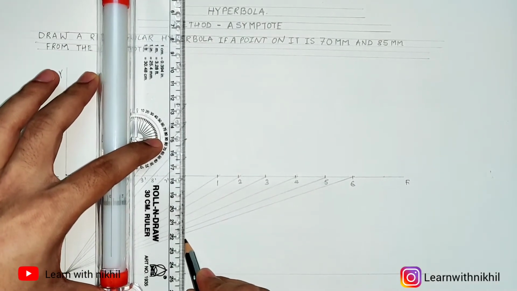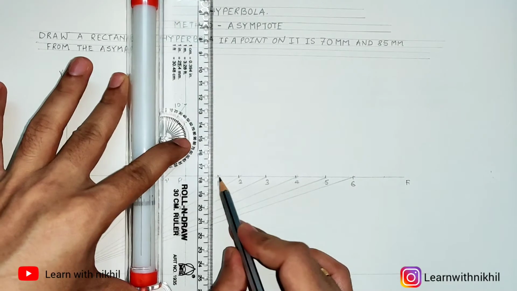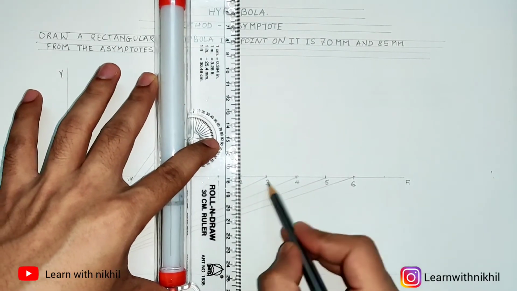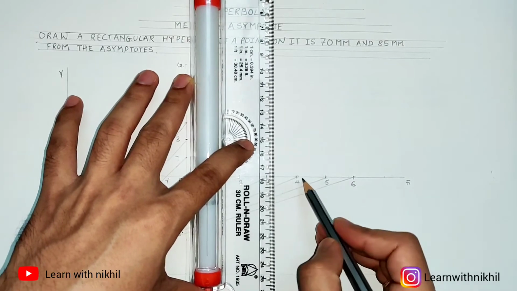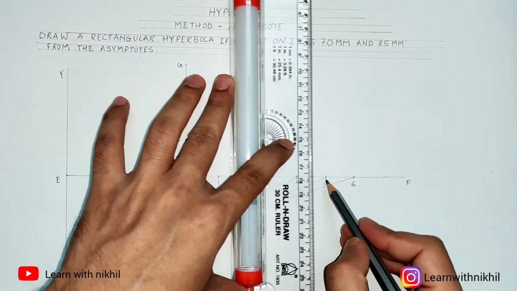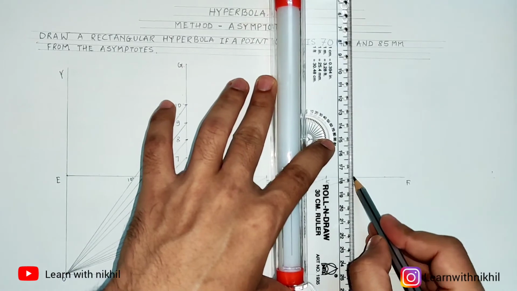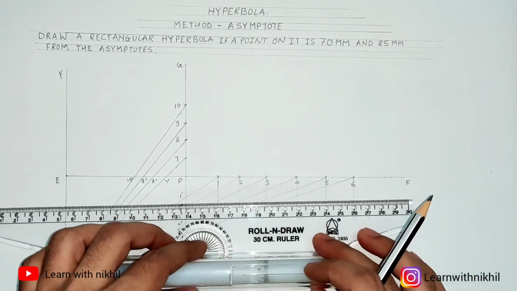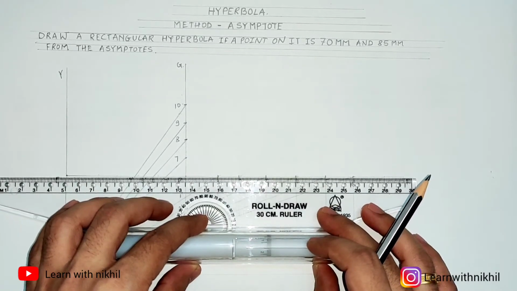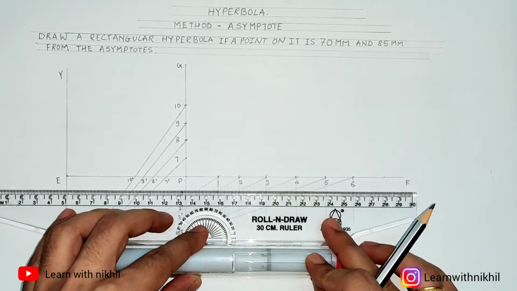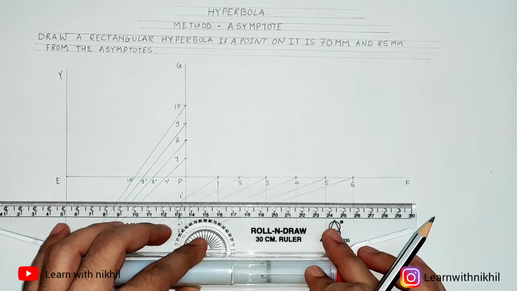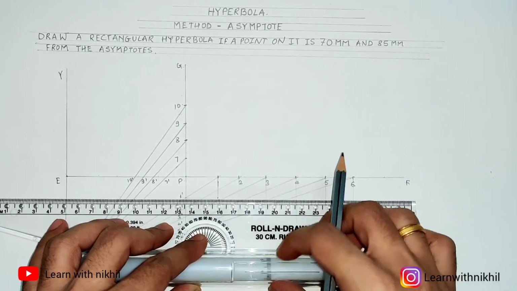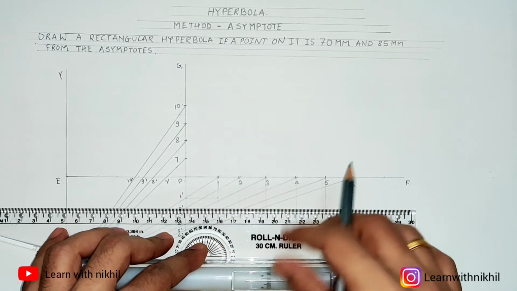Next step, from the points 1, 2, 3, 4, 5, 6, we will draw straight vertical lines, as shown in the video, parallel to the line OY. From the points 1 dash, 2 dash, 3 dash, 4 dash, 5 dash and 6 dash, we will draw straight horizontal lines intersecting the first vertical line.